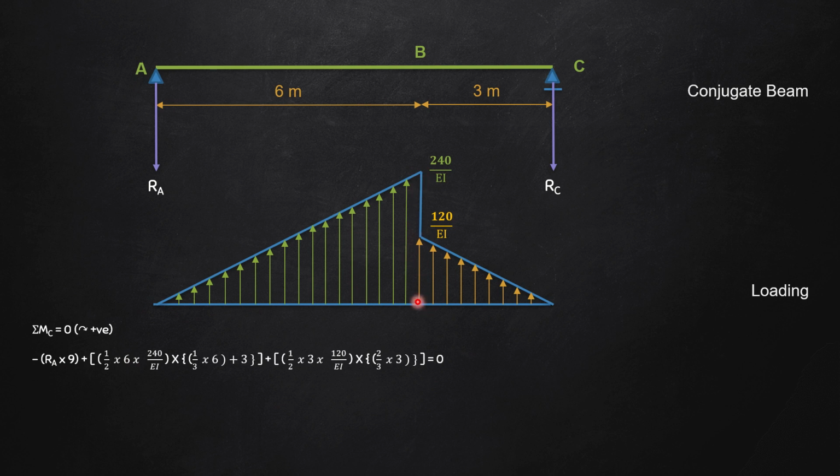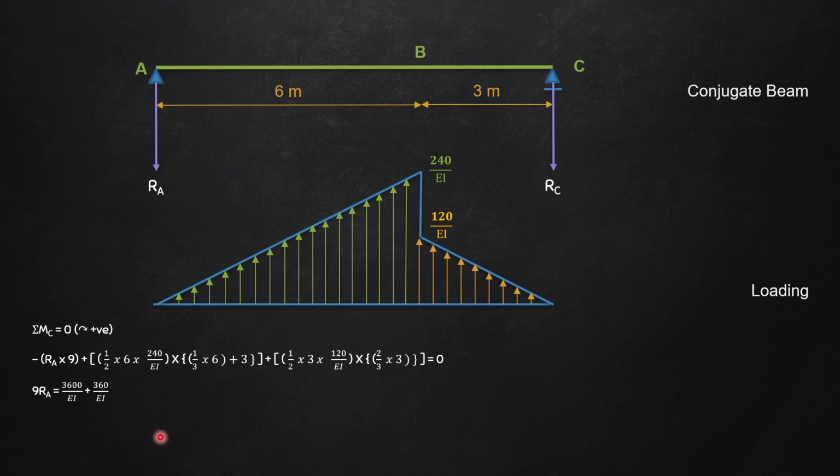From B the distance is 1/3 of 6. But since I am finding out the moment about C, I'll have to add this 3 meter to it. So therefore here I have 1/3 of 6 plus 3. So the distance of the CG from RC is 1/3 of 6 plus 3. Lastly, considering this UVL, I have plus half into 3 into 120 divided by EI multiplied by the CG of this triangle, which is at a distance 2/3 of 3 from C, and that I will equate to 0.